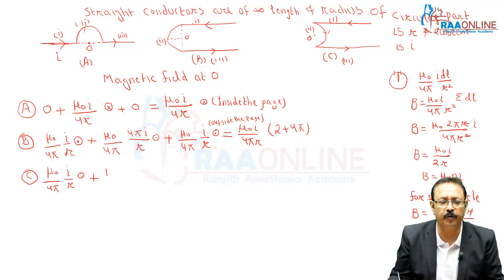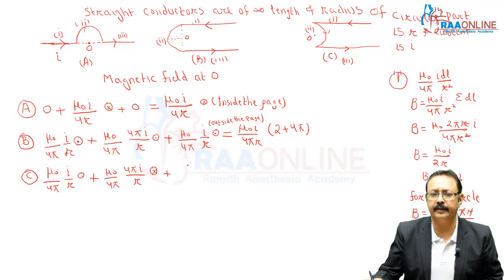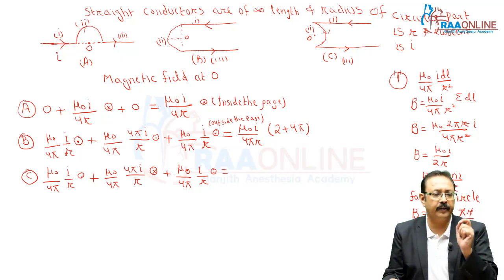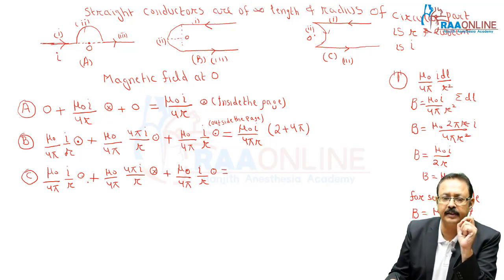Mu naught upon 4 pi I by R, inside the page, plus, again this is the same as was in B, so mu naught upon 4 pi I by R, outside. Now two magnetic fields are outside and one is inside.